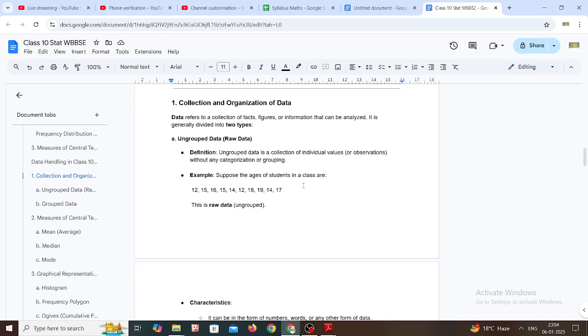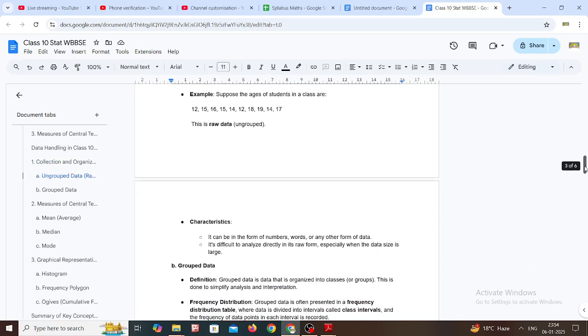Suppose the ages of students in a class are 12, 15, 16, 15, 14, 12, 18, 19, 14 and 17. This is the raw data, which is ungrouped. It can be in the form of numbers, words or any other form of data.